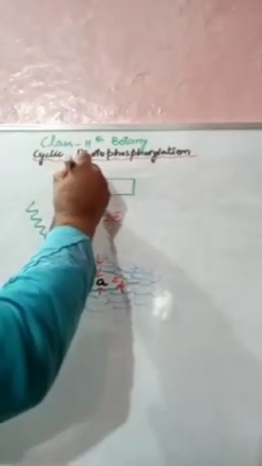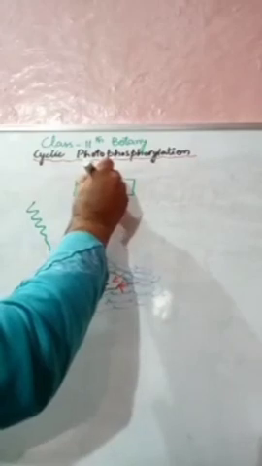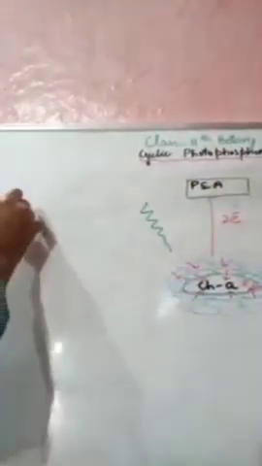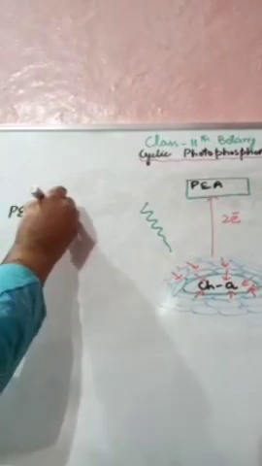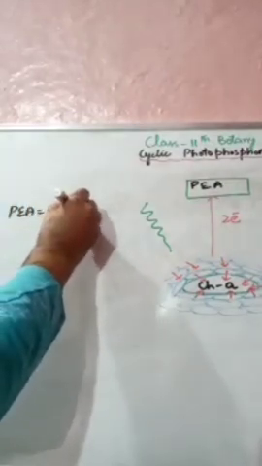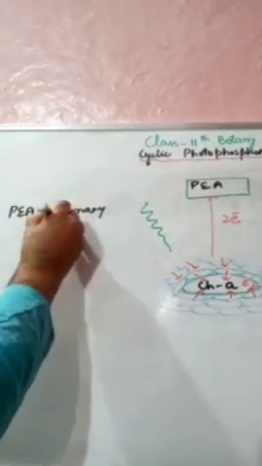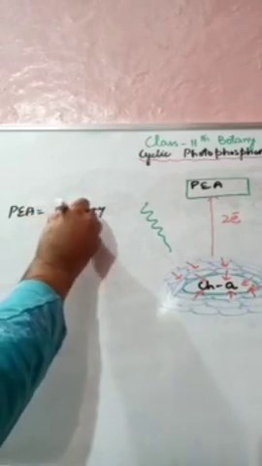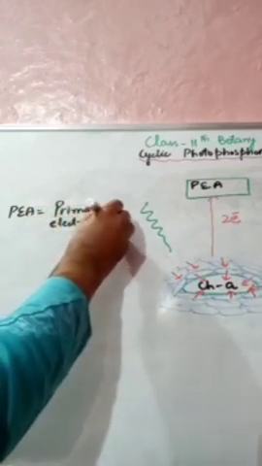Since this is the first electron which gets excited due to the sufficient energy absorbed by this chlorophyll A, that is called the PEA. Now I will write here the abbreviated form. PEA means primary electron acceptor.